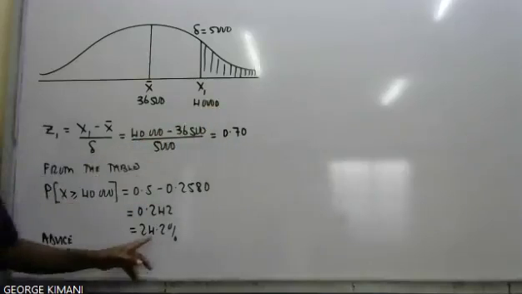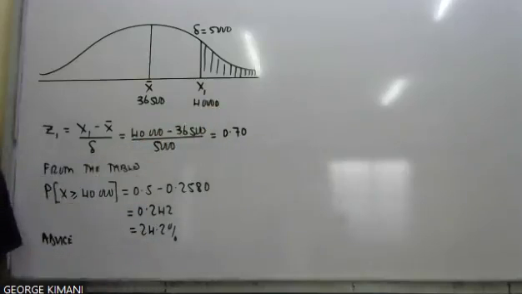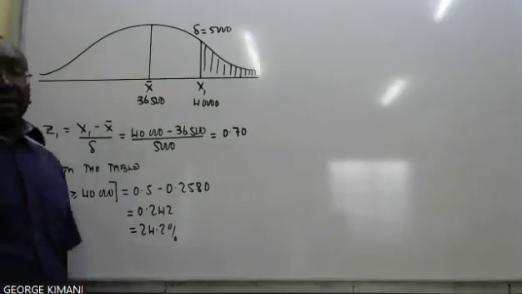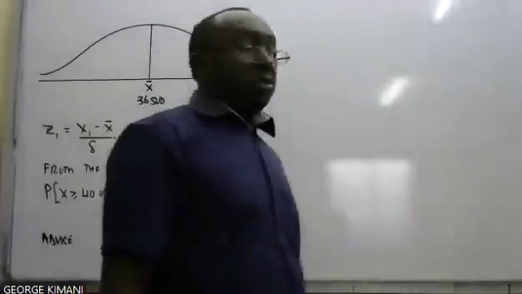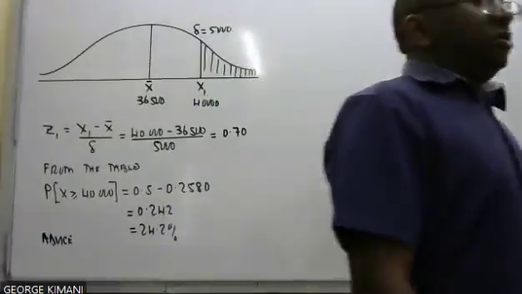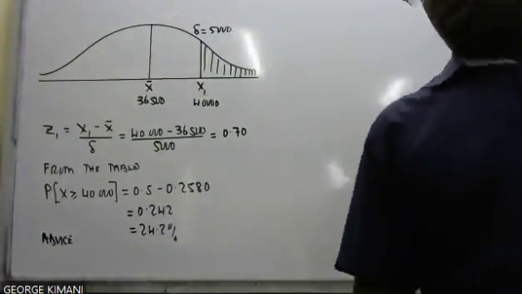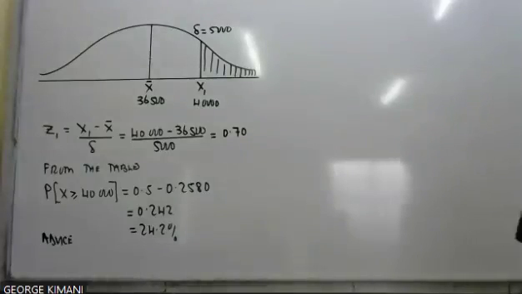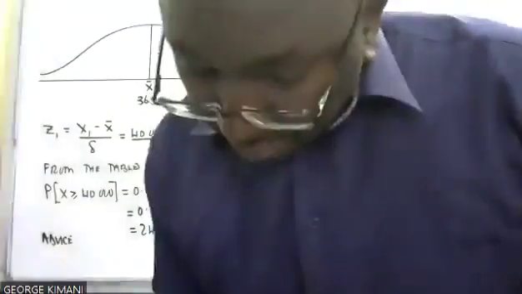Now we have confirmed that it will exactly be 24. So this is more than 24. I mean, it's more than 20. So the advice is that they should distribute the tires. They should distribute the tires because 24.2% will be able to do more than 40,000 kilometers.